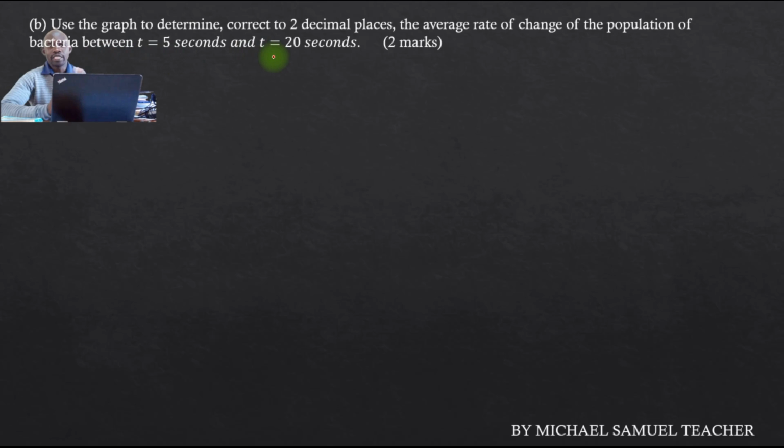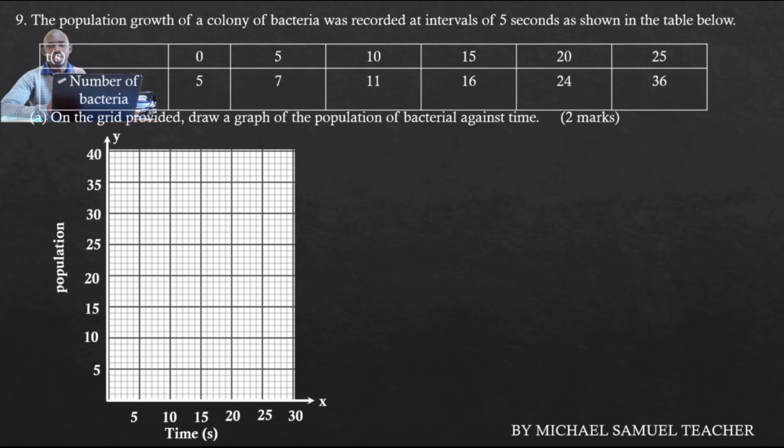So at that particular point, t is 5 and t is 20, and from there we draw that straight line.